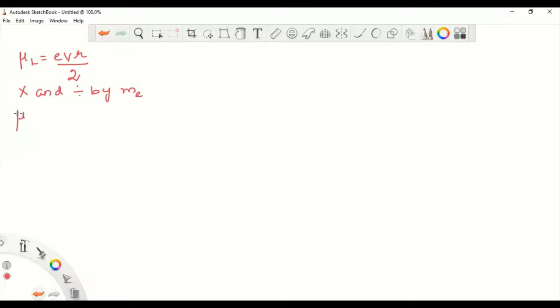So mu L is equal to e divided by 2me, into me v r. What is this me? The mass of an electron.